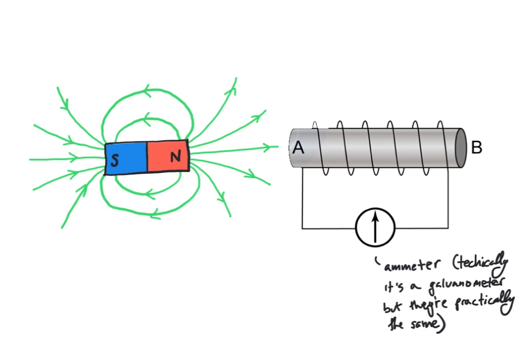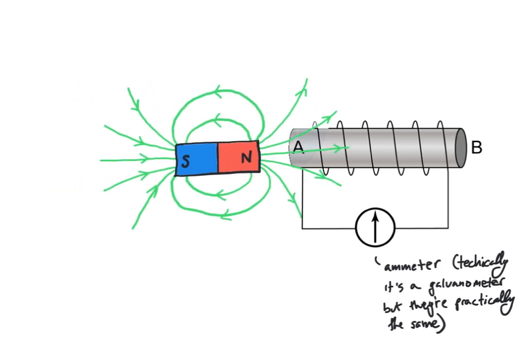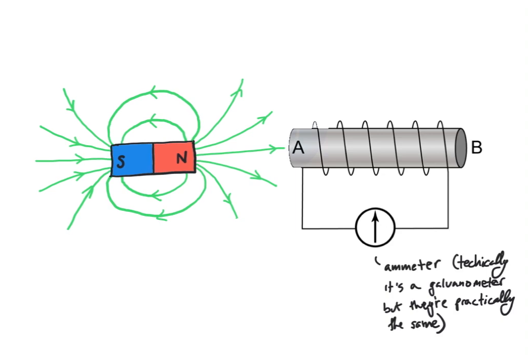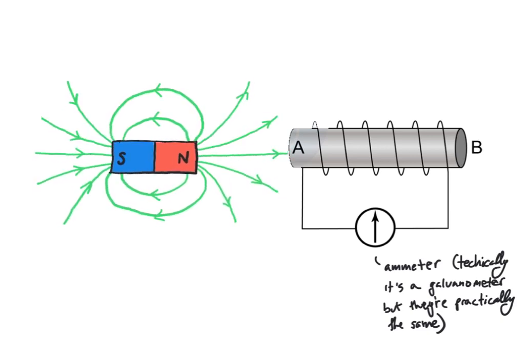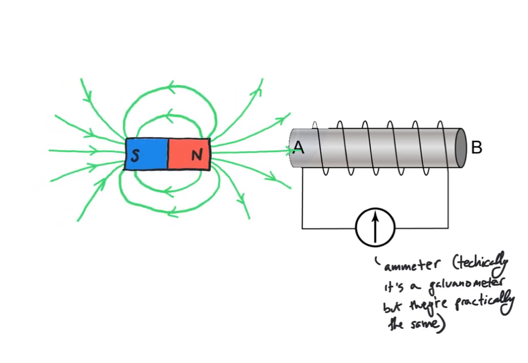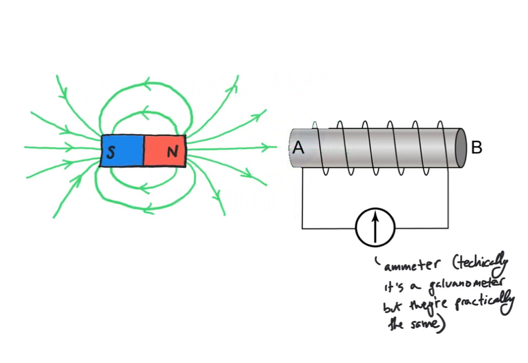Now, what's interesting, and what hopefully you picked up on from the simulations that you were playing around with, is that if the magnet starts to move, everything changes. We are not going to go into the details of physically why this happens, what about this changing magnetic field results in the effects that we're going to see in the galvanometer.